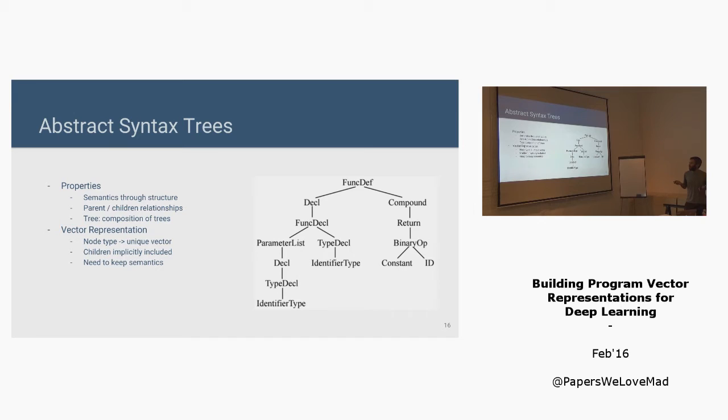The children, as I was saying before, all contribute to the actual meaning of this function declaration. So we need to find a way to generalize the function declaration that takes into account the children that are below all the function declarations. And we need to keep semantics in our vector representation.